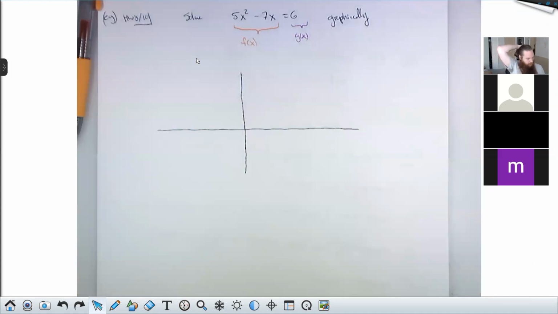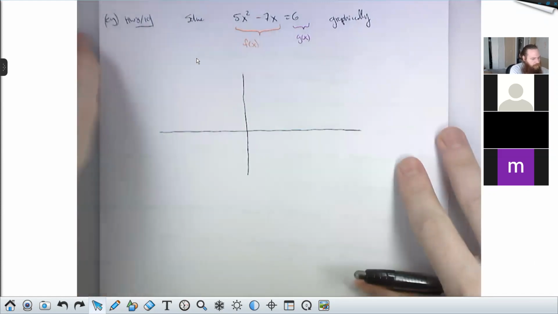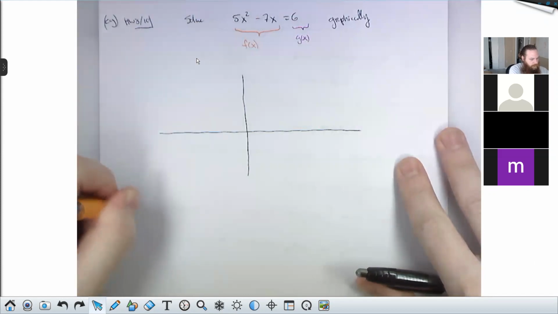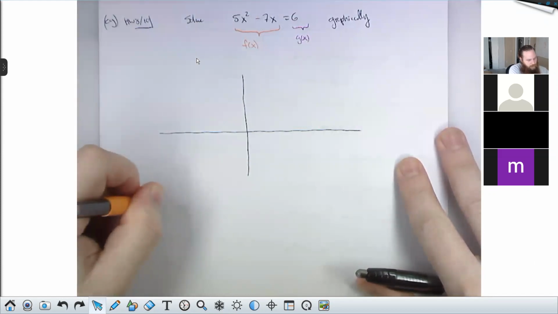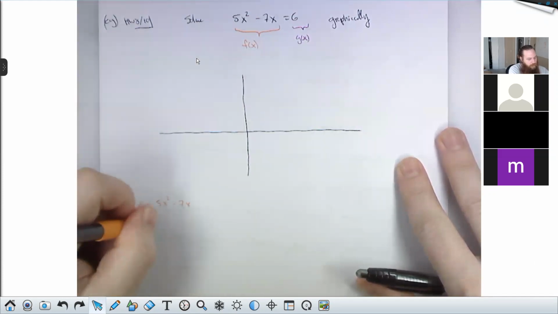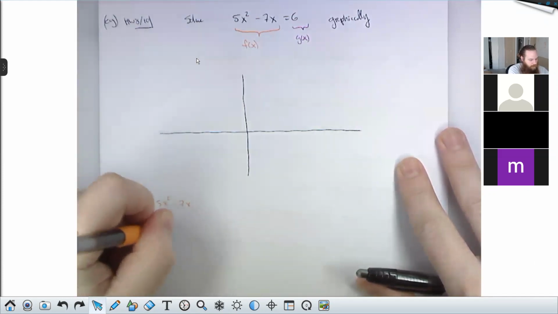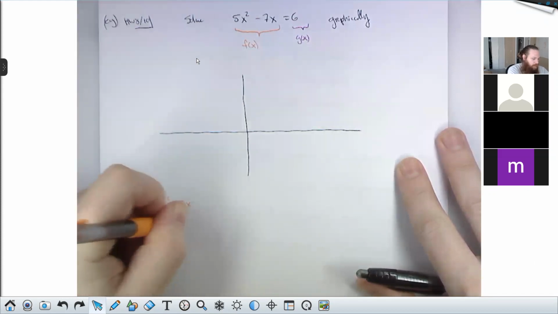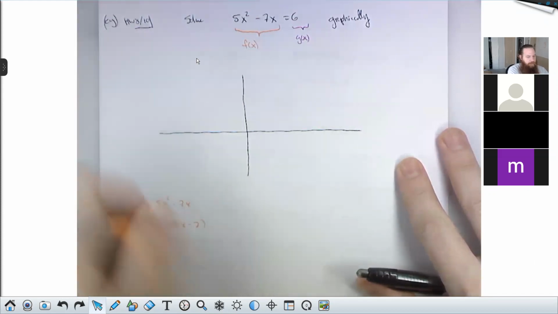Now, graphing 5x squared minus 7x is not super easy. There's no obvious way to do that. If I look at f of x equals 5x squared minus 7x, I can factor an x out, and I get x times 5x minus 7.